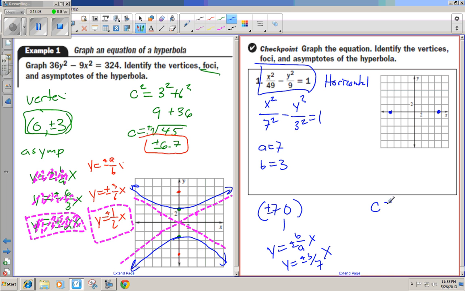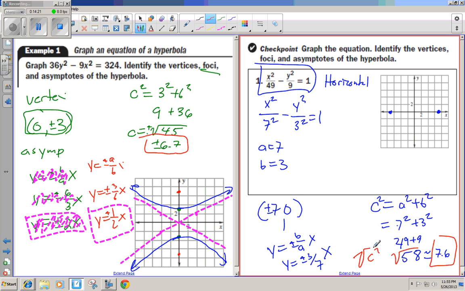The c value, or the foci, is the square root of the addition of the squares of a and b. So that becomes 7 squared plus 3 squared. That's 49 plus 9. That's 58, which is approximately 7.6. So now I have foci at 7.6, man, which is right close to the vertices.